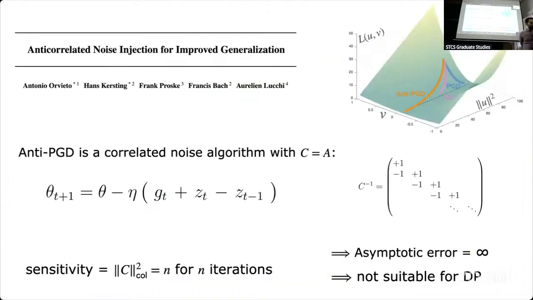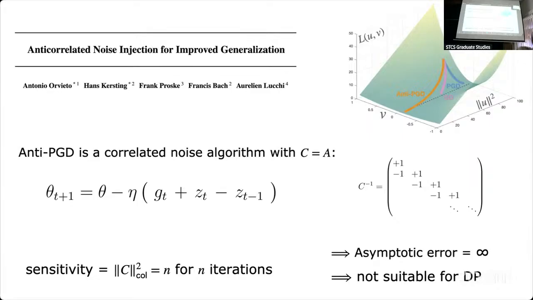There was another algorithm, which is a correlated noise algorithm. It's called anti-PGD. It was proposed in a paper that has nothing to do with differential privacy at all. It was proposed as a way of improving generalization in deep learning. And the update basically is a correlated noise algorithm with taking C to be a prefix sum matrix, right?